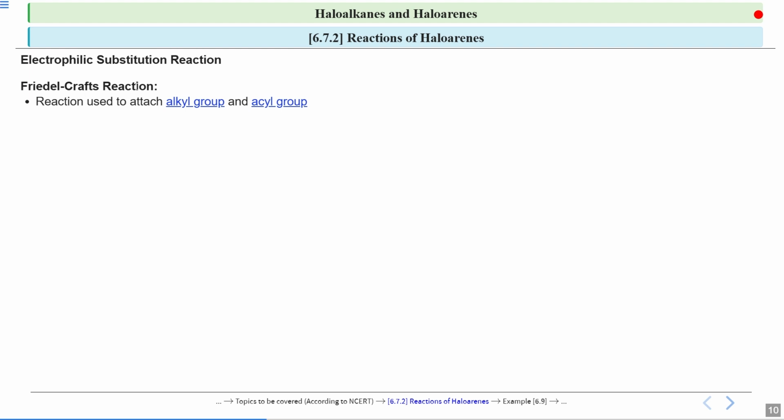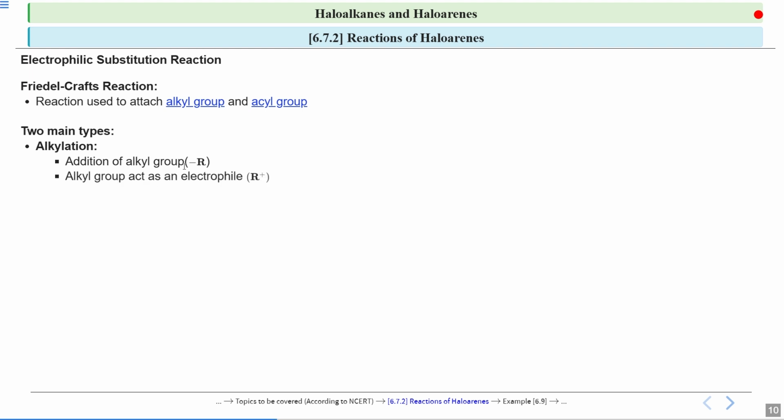So we use the Friedel-Crafts reaction to attach these two groups, the alkyl groups and the acyl groups. There are two main types of this reaction. The first is alkylation, in which the addition of an alkyl group happens, that means an R group is added.